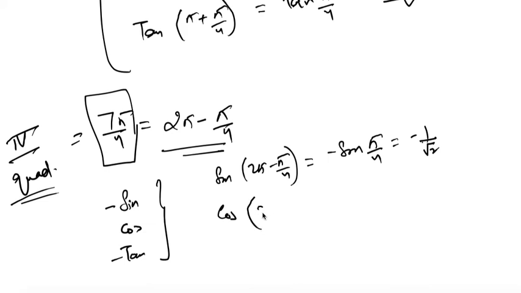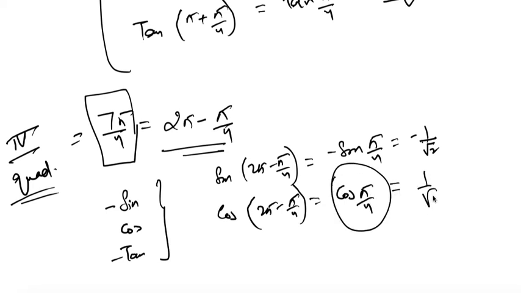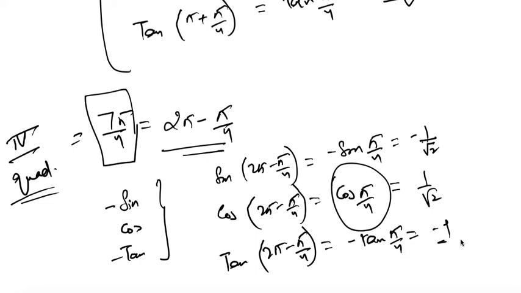Similarly, cos 2 pi minus pi by 4 will give you cos pi by 4, because cos is supposed to be positive in the fourth quadrant, and which will be 1 by root 2. Next, tan 2 pi minus pi by 4 is equal to minus tan pi by 4, which is minus 1.